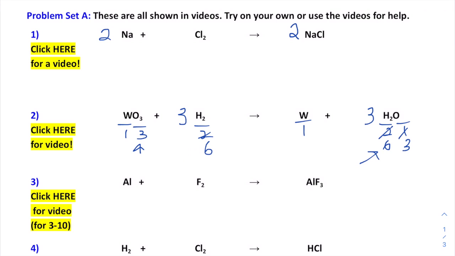So now I'm going to double check the W's, like starting from the left again. I see 1 W, 1 W, 3 O, 3 O. I'm looking at the totals. 6 H's, 6 H's. Those are the totals that I'm showing below. Looks good now.